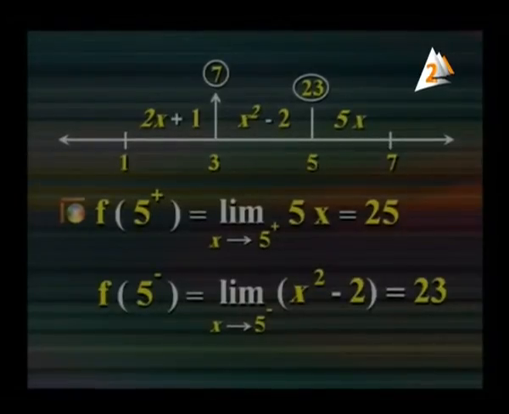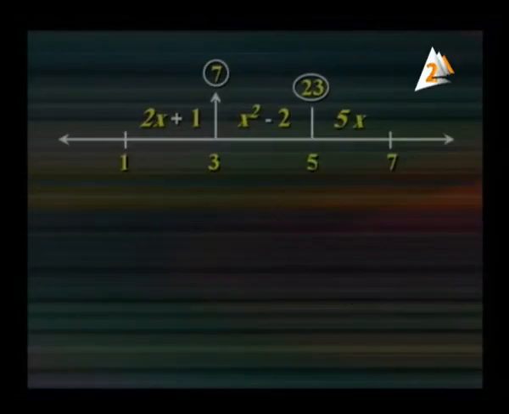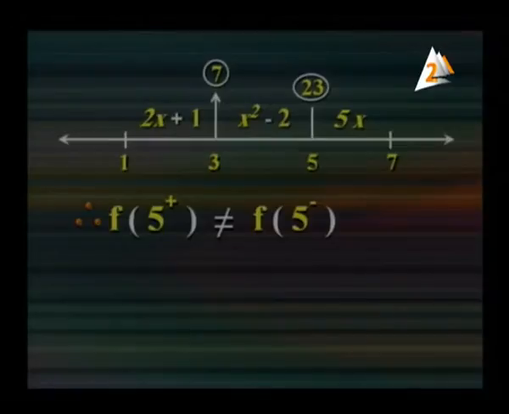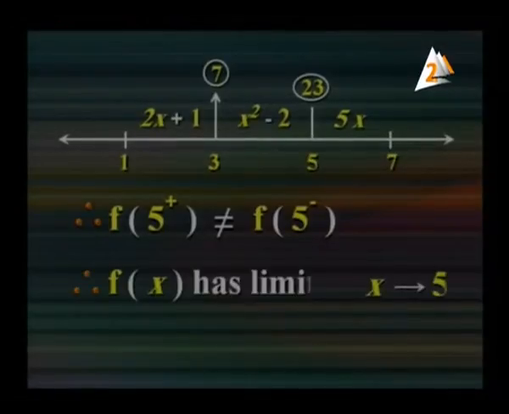Remember, f of 5 positive is 25, but f of 5 negative is 23. What do you deduce? Excellent student. Yes, f of 5 positive does not equal f of 5 negative. Then f of x has no limit as x tends to 5.